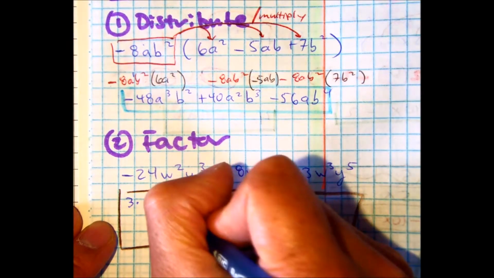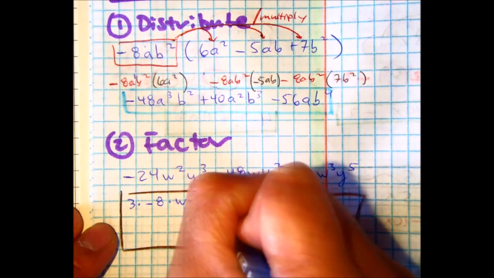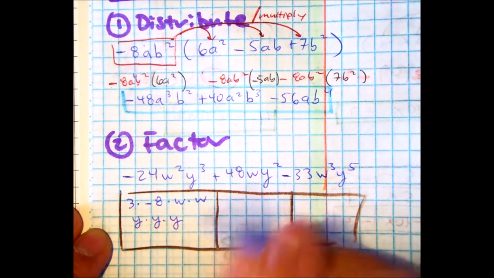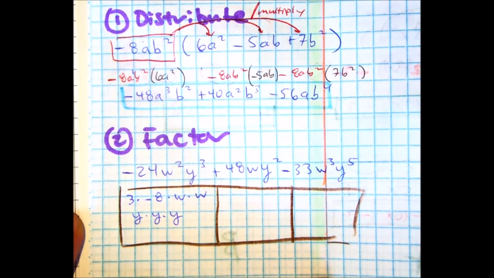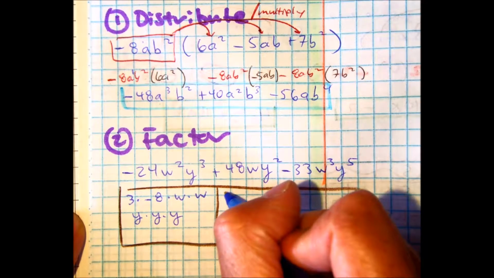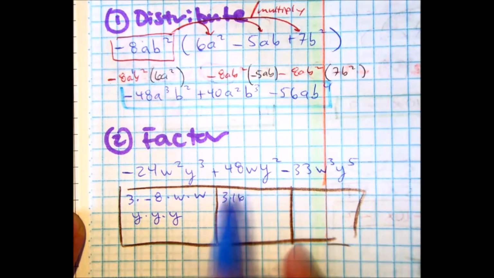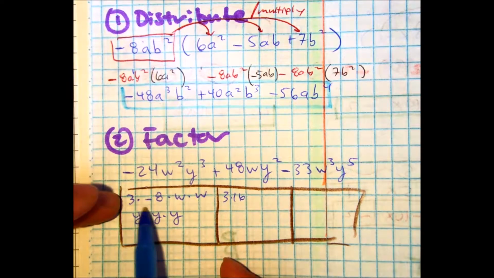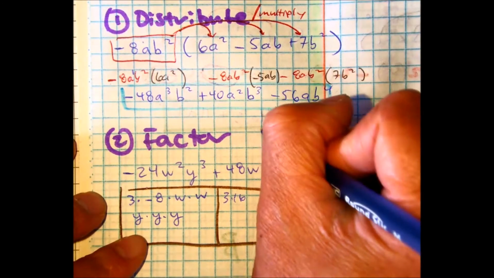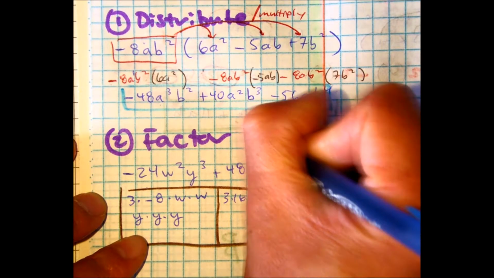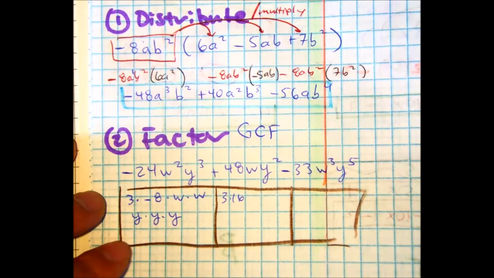W squared is W times W. Y to the third is Y times Y times Y. And then 48 is 3 times 16. Now, how come I didn't choose 2 and 12 over here? Well, what I'm trying to do is I'm trying to find something they have in common, and they call that a common factor, and we're going to figure out the greatest common factor.